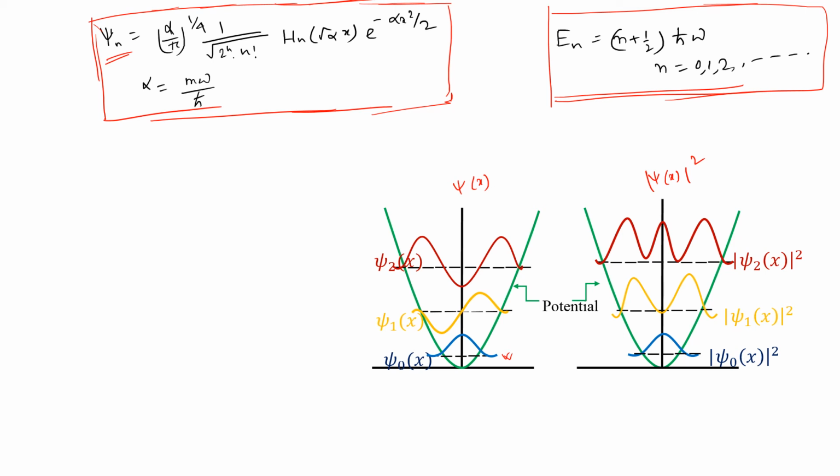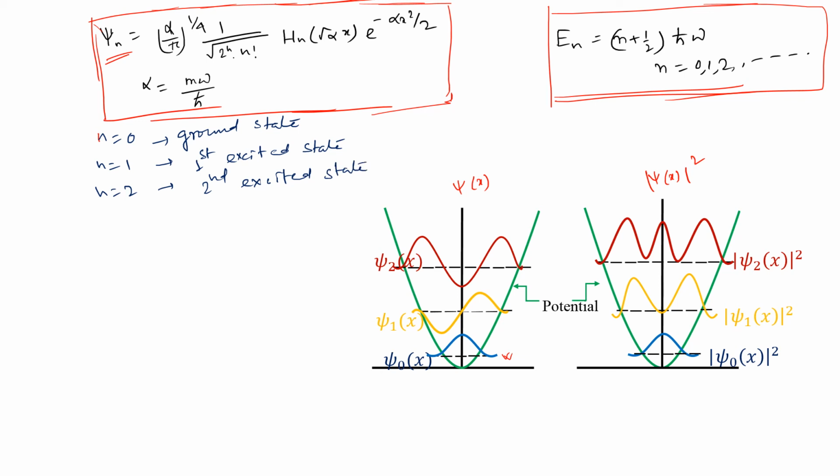If we put the value of n equals 0, this is for the ground state. n equals 1 gives us the first excited state, n equals 2 gives us the second excited state, and so on.